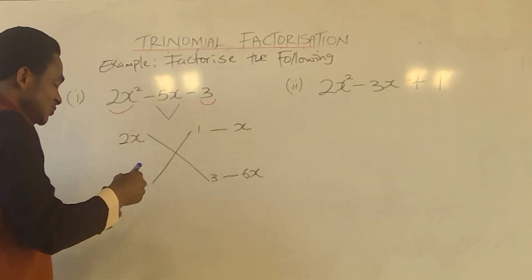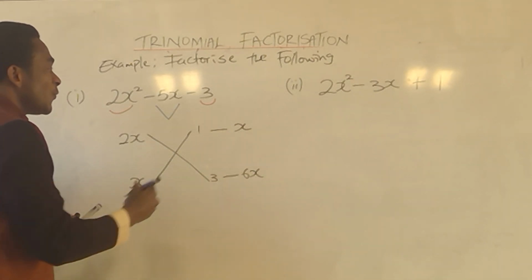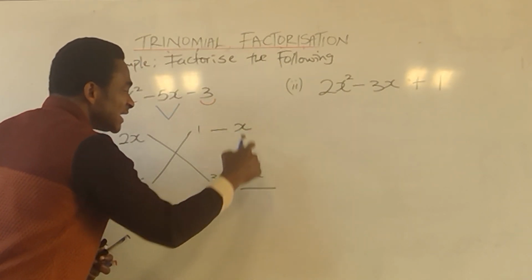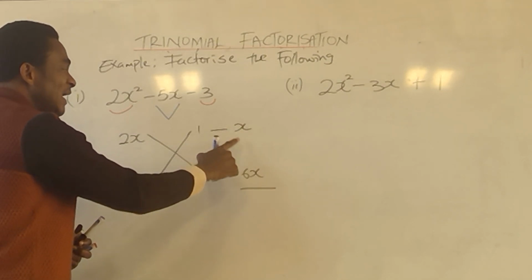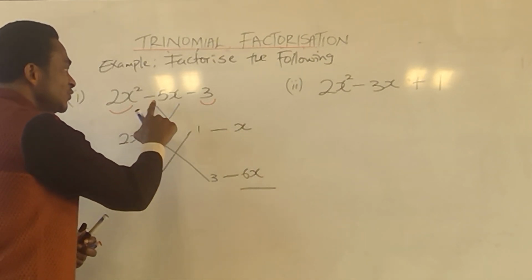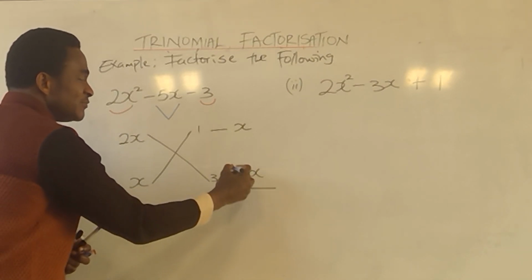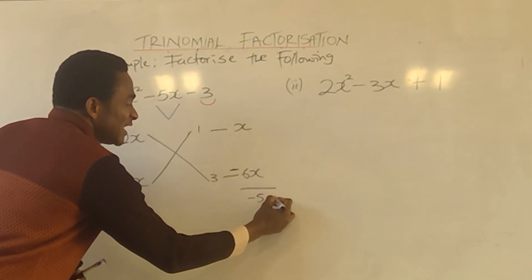What are we going to do to these products before we can arrive at this number? We have x and 6x. So this is 1 and 6. To get -5, it has to be 1 minus 6. That means we will have a minus here in order for us to get minus 5x.